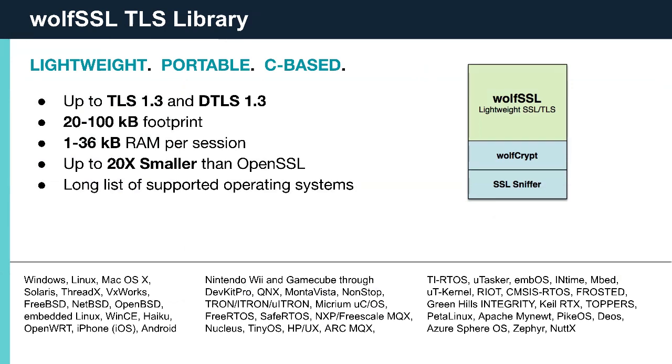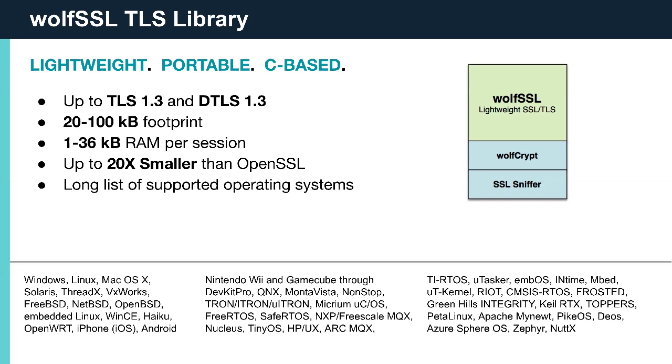wolfSSL, this is our TLS library, supports up to the current standards of TLS 1.3 and DTLS 1.3. We try to make it as embedded friendly as we can. Footprint size typically ranges from 20 to 100 kilobytes, depending on what features you have enabled, what your compiler is, and what optimization level you're using. Runtime memory is typically 1 to 36 kilobytes per session.